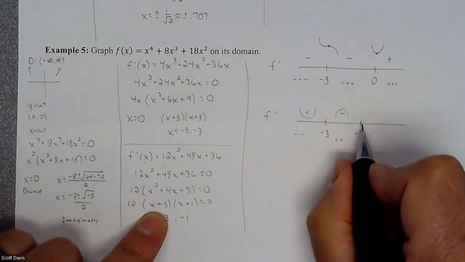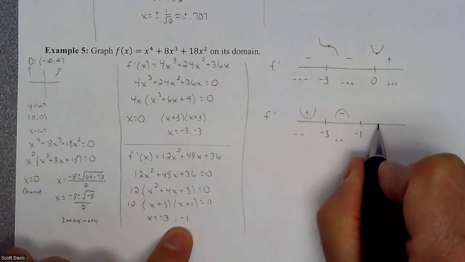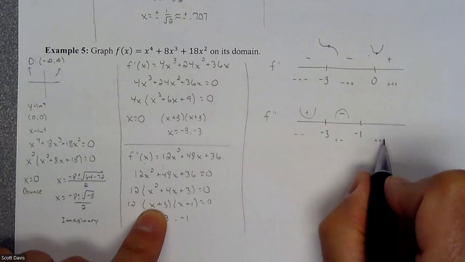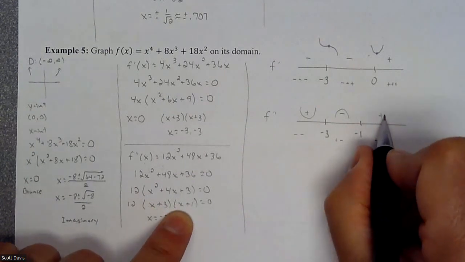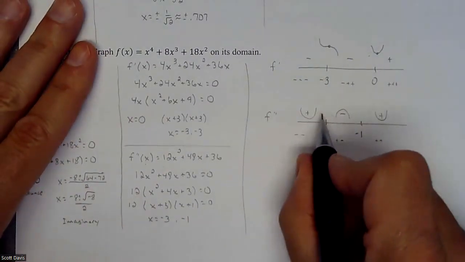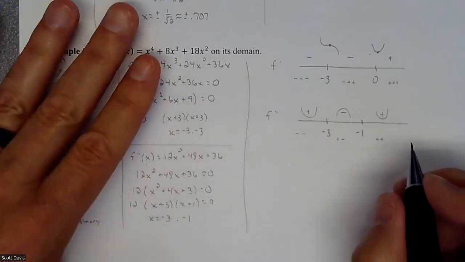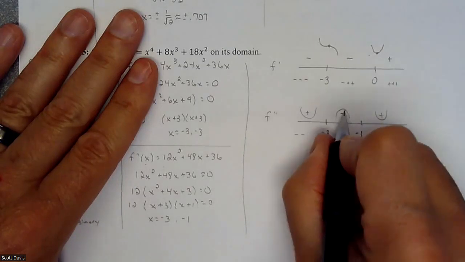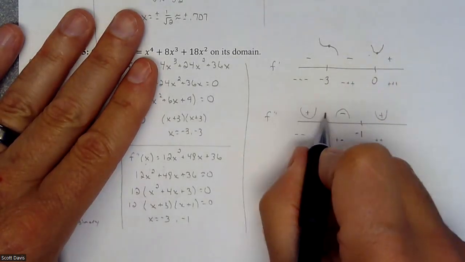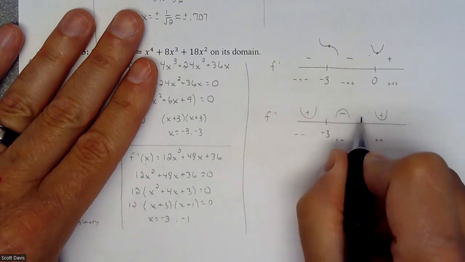And then after -1, let's plug in a 0. So we get a positive, positive. So that's a positive. So we get concave up. So we have 2 points of inflection because just like here, you have a transition from a negative slope to a positive slope, you have a transition of concavity from one concavity to another.